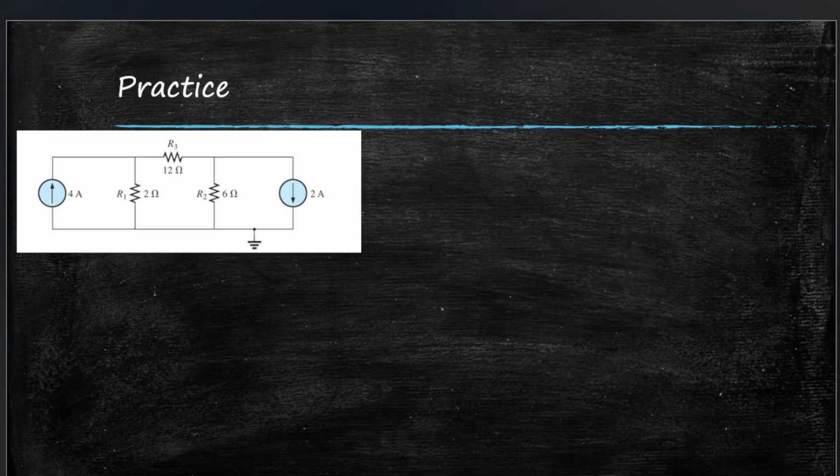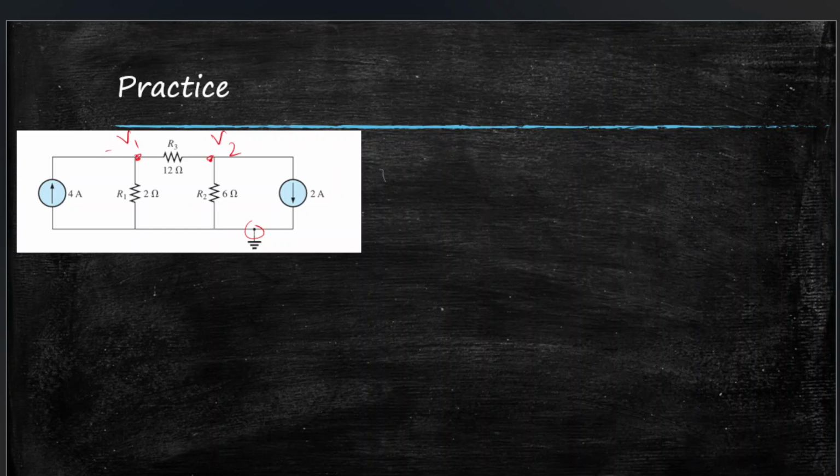Okay, we have another practice here. Now this network has, let's mark the nodes. So this ground node we'll consider to be 0. Then this node will be our V1 and this node will be our V2. So again, 2 nodes.